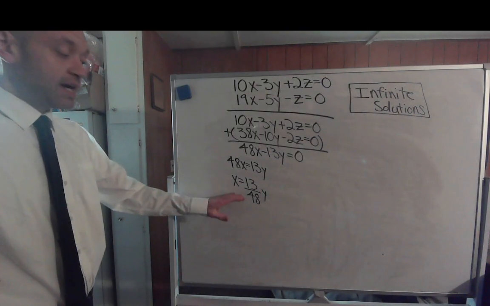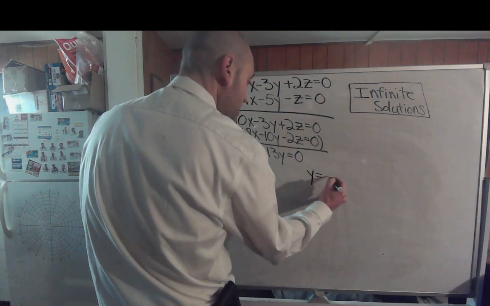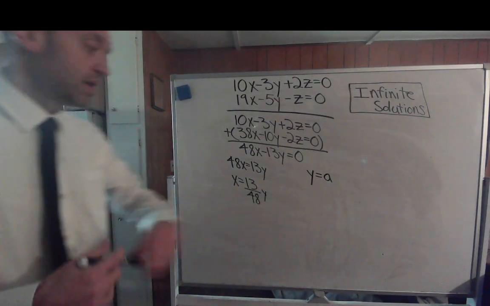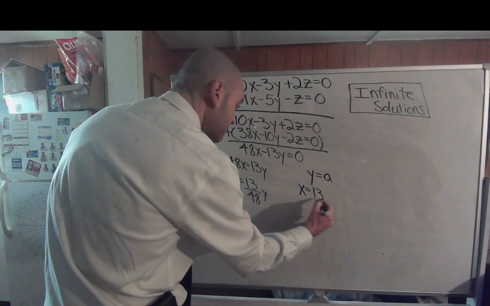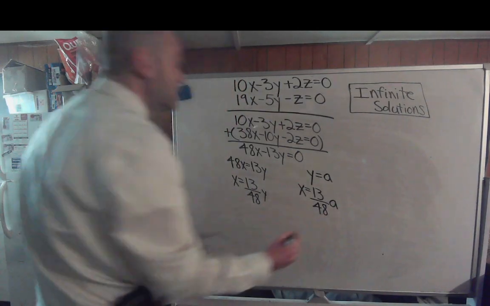Since we found x, why don't we define y as the real number a? So y would equal a, which would then mean that x would equal 13/48 times that a.